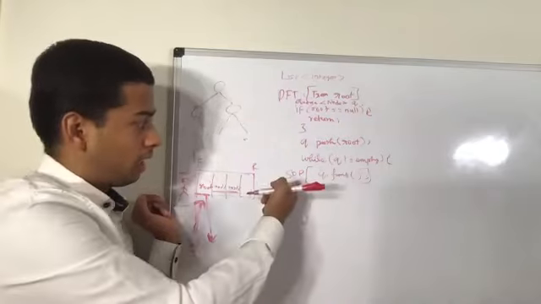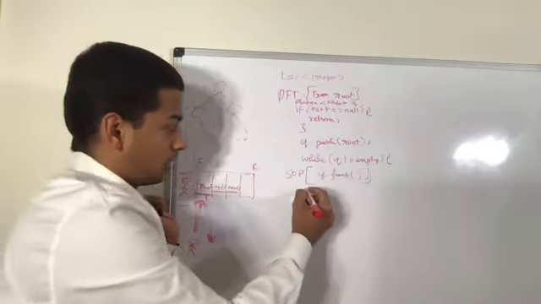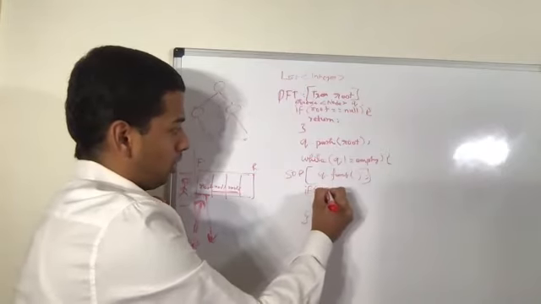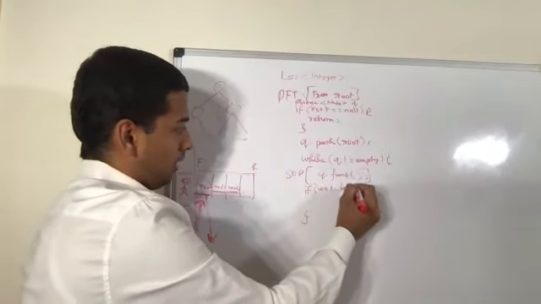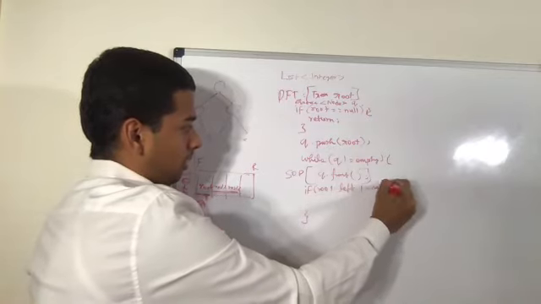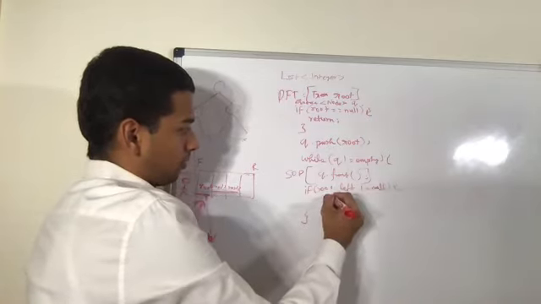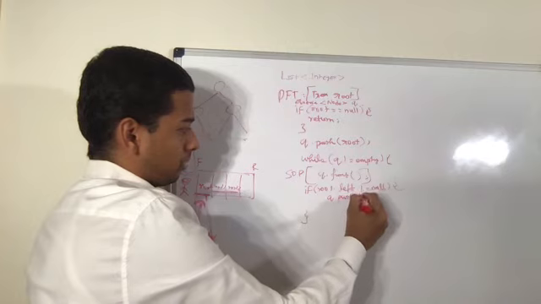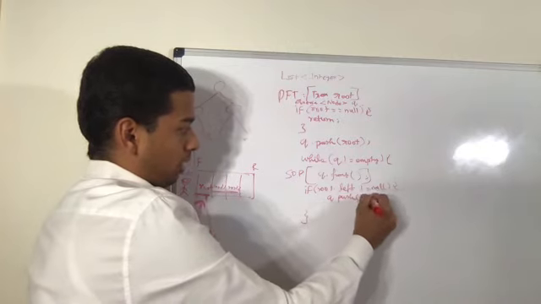After printing him, I check if root dot left is not equal to null, then q dot push root dot left.